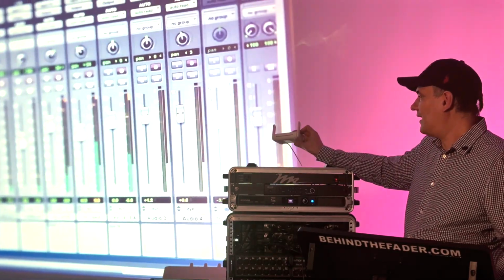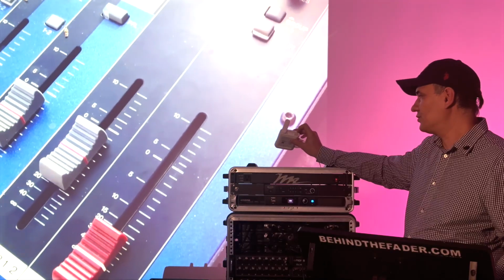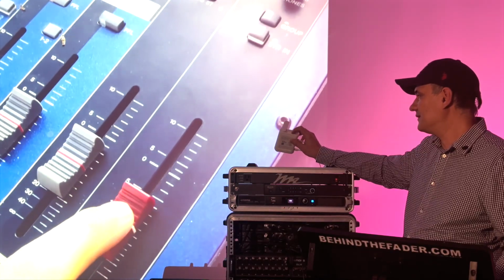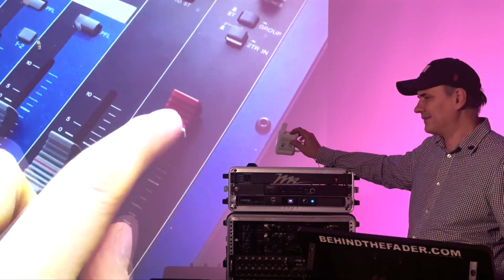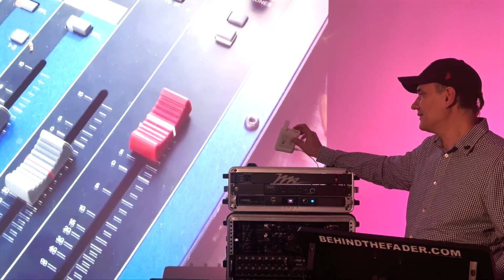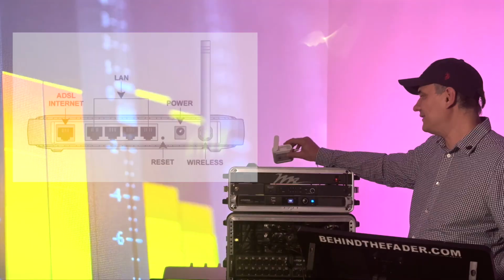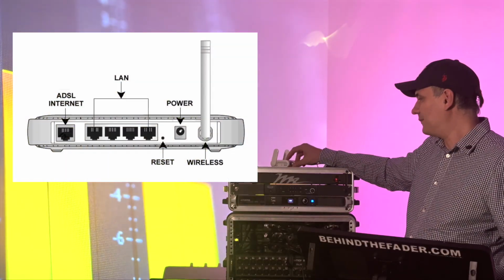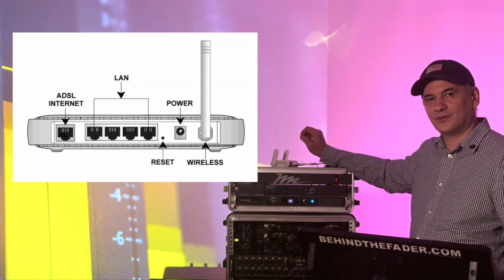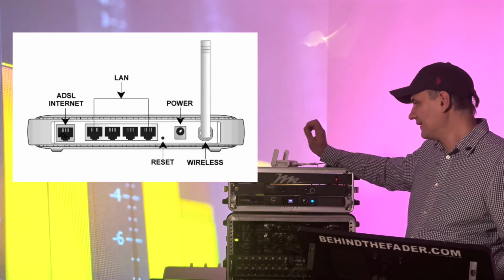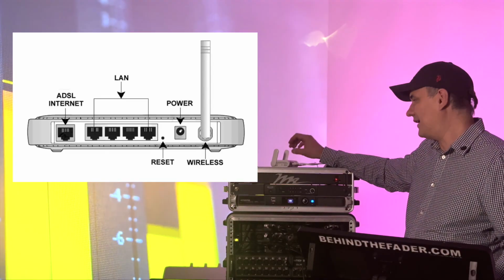Okay, so how do we reset the router? You should find the reset button. It could be a big reset button on this router, but on many routers it's just a tiny little hidden button that you should press with something really small and tiny.